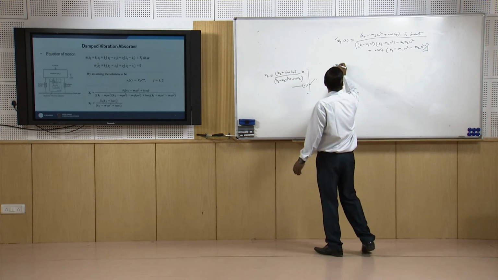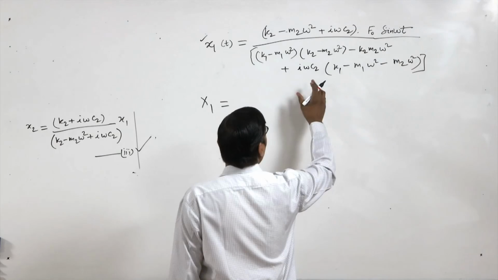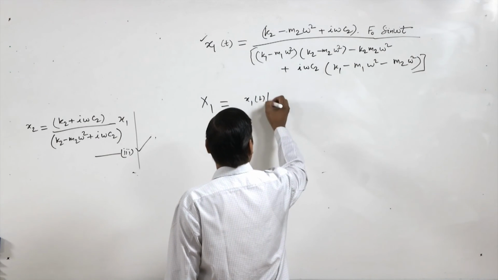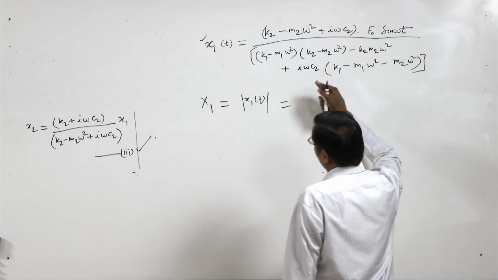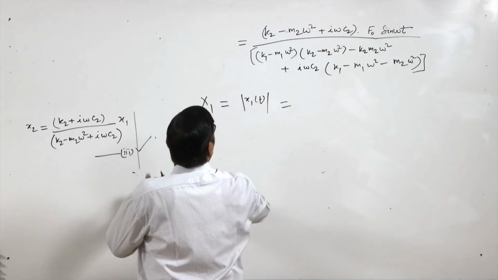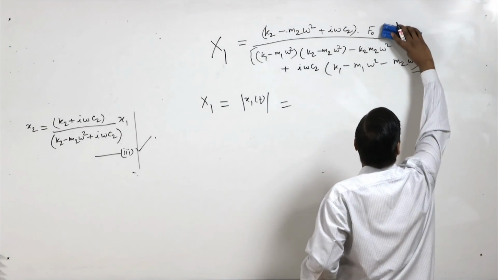Now the amplitude x1 equal to, we have the mod of this, so that is we have only this term. So we have x1 equal to this term.